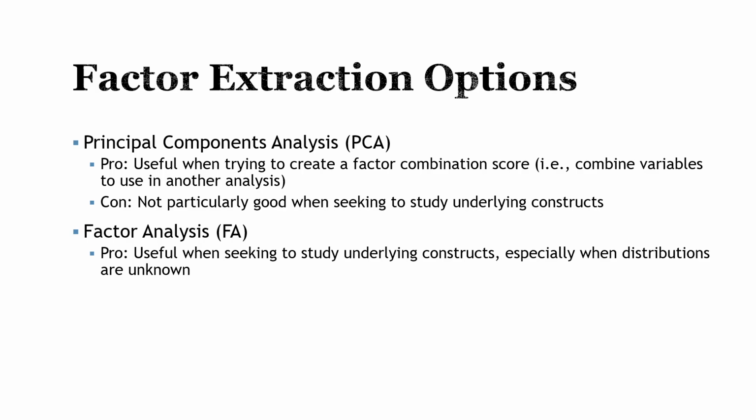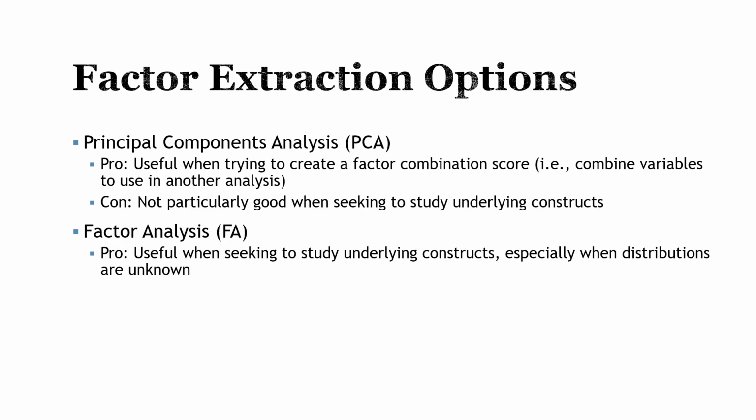But factor analysis tends to be more handy when I'm trying to actually understand the constructs or the factors that I'm creating. I think the loadings tend to be a little bit more representative of what I should expect in terms of loadings of items or variables on their factors.